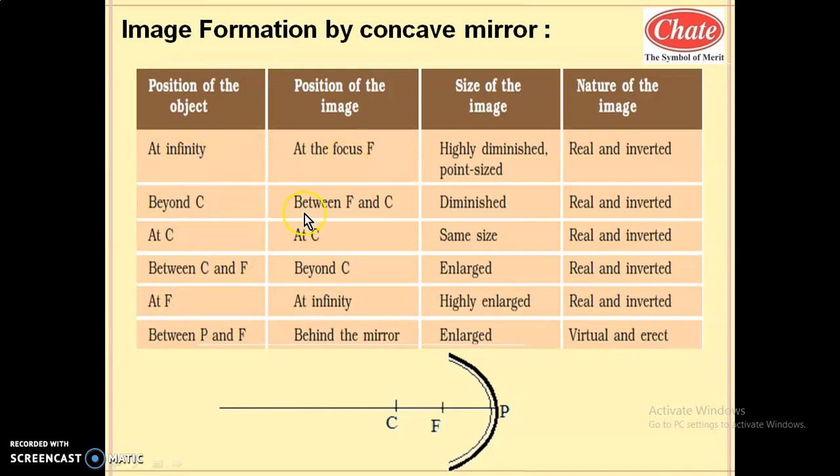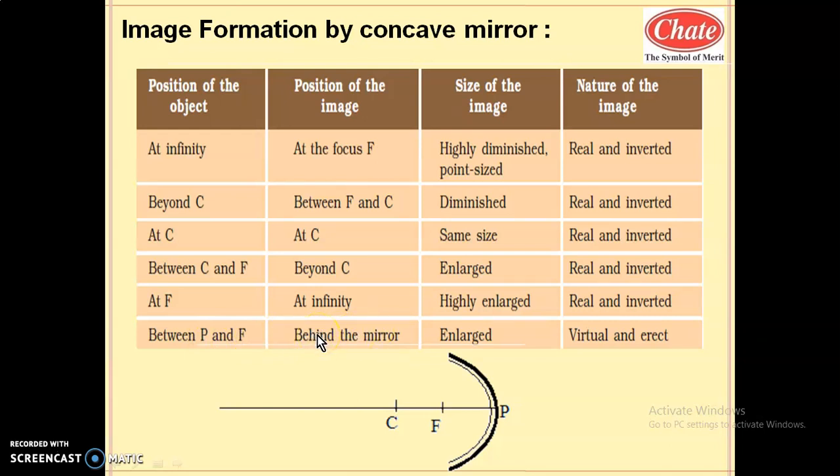When the object is beyond C, the image will be between F and C. When the object is at C, the image will be at C. When the object is between C and F, the image will be beyond C. When the object is at focus, the image will be at infinity. When the object is between F and P, that is focus and pole, the image will be behind the mirror. This is the last case of a concave mirror.